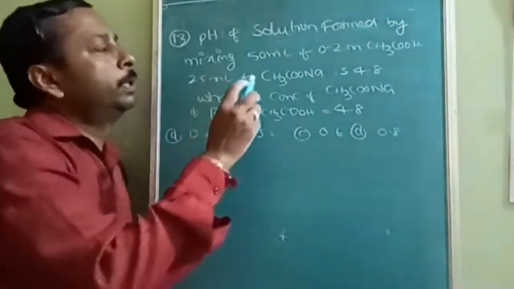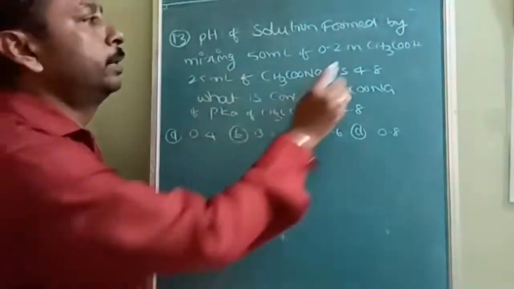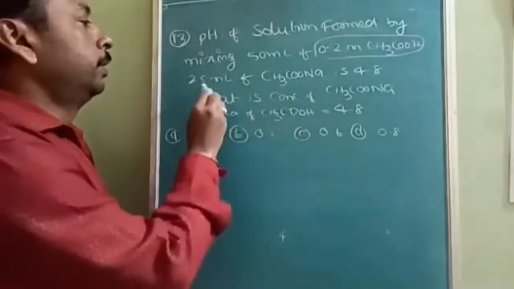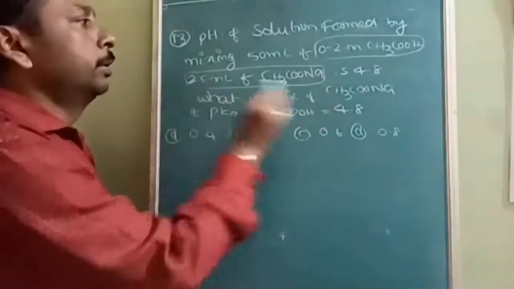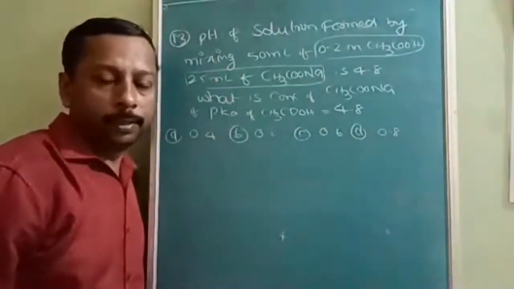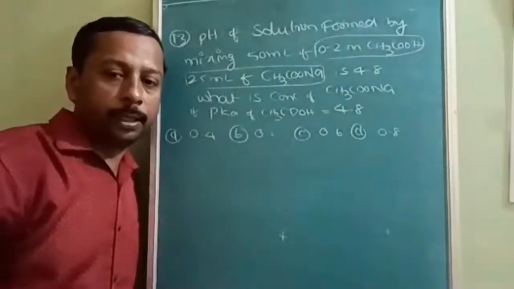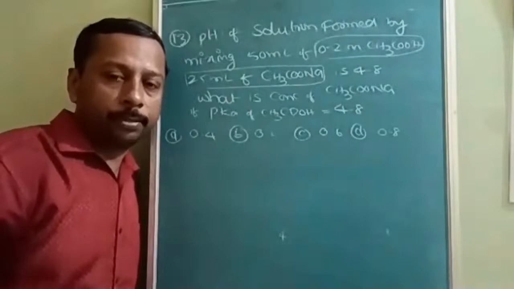pH of solution formed by mixing. See, weak acid concentration is given, salt is given. So weak acid and salt, immediately it should strike your mind that this question is related to buffer.